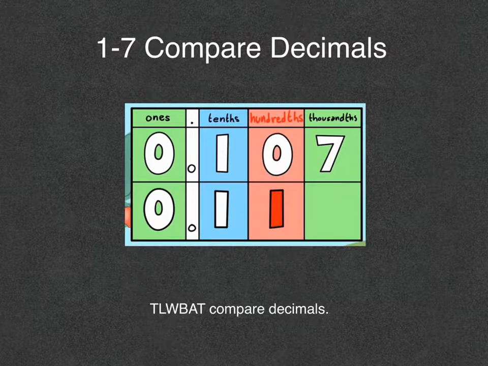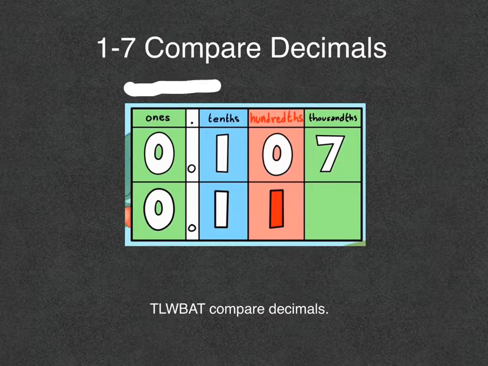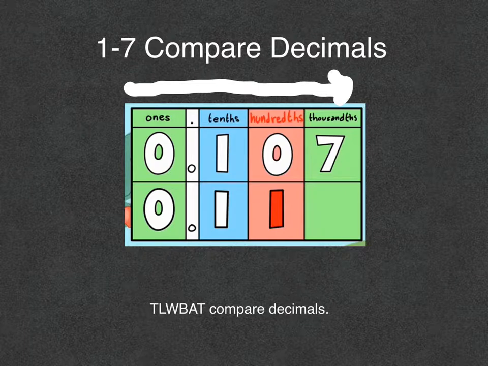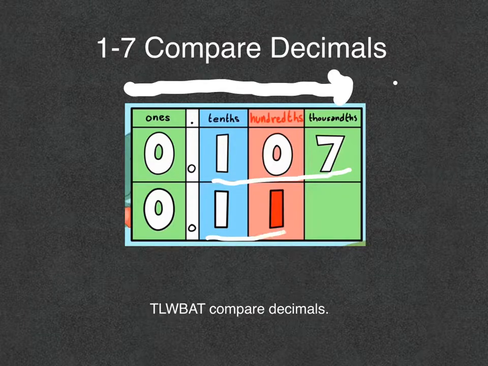I really liked this picture that I found here. It talks about how we're going to start on the left and go to the right for each place value to see what its value actually is. So if we're going to compare 107 thousandths to 11 hundredths, it would seem like the thousandths would be bigger because it's thousandths and it's more numbers, but really if we start at the ones, they're both 0.